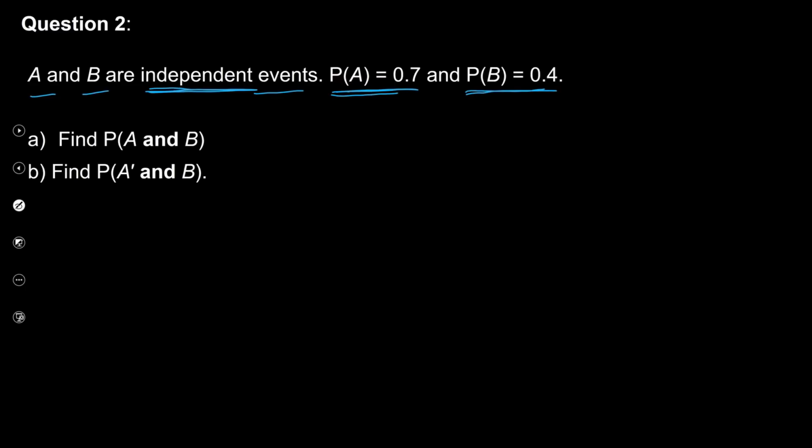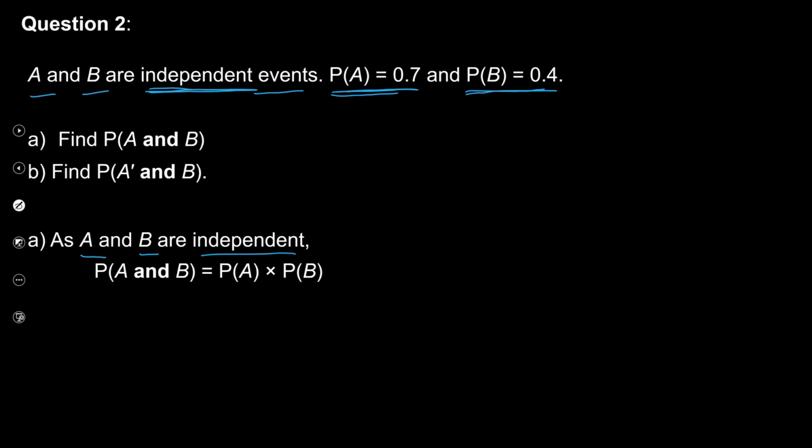So that's what we can do. As A and B are independent, we can say the probability of A and B is the probability of A times the probability of B.